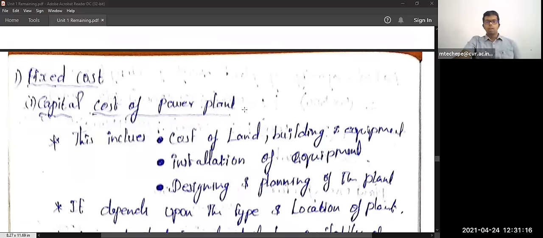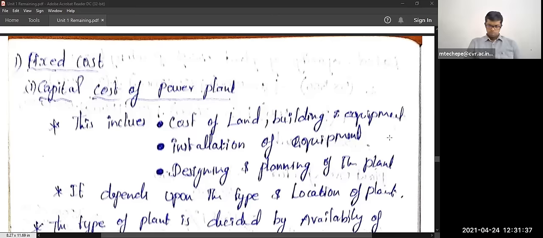Say if you want to install a hydropower plant, you need to buy the land where the power plant is being installed. A hydropower plant might be located in remote places, like in the hilly regions.